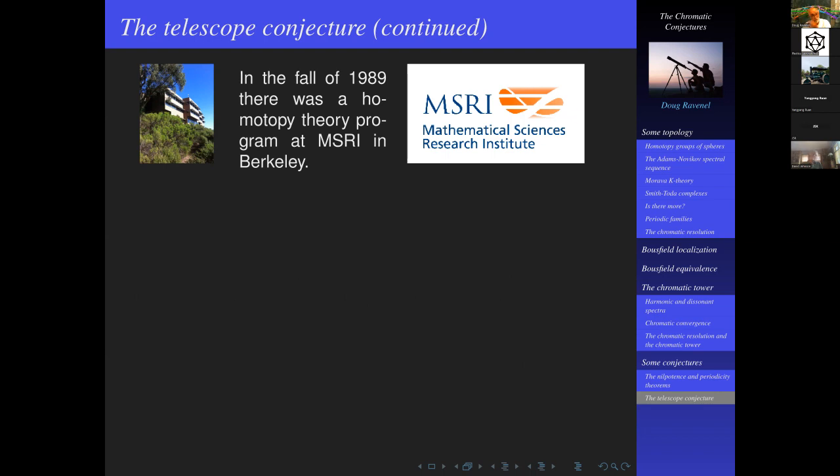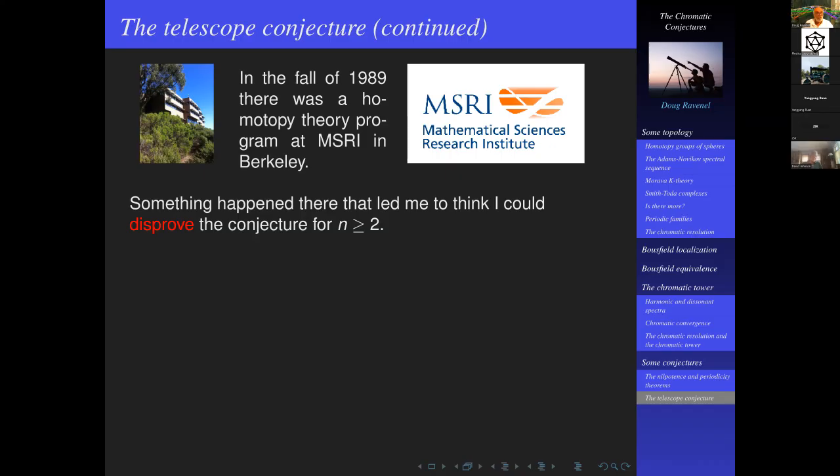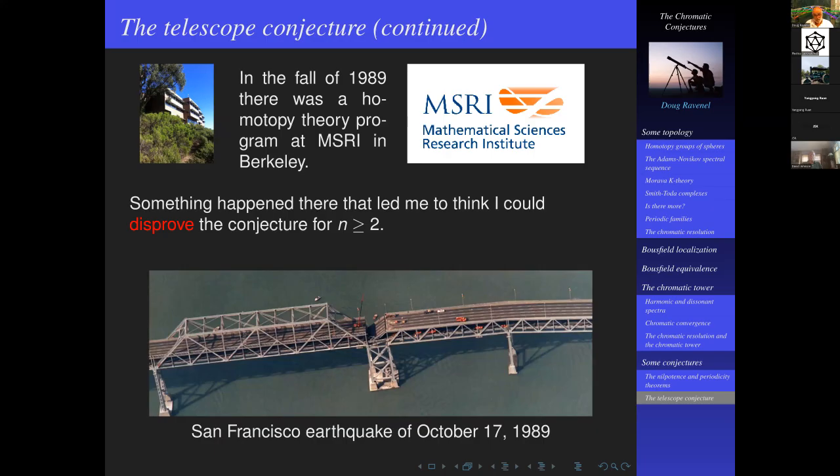I was there, and I was thinking very hard about this question, about the telescope conjecture. I wanted very much to prove it. And then something happened that led me to think it might not be true. It may actually be false at values of n larger than 1. Something happened that made me think that. And this is the something that happened.